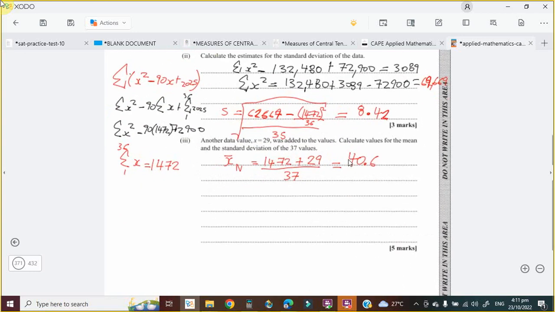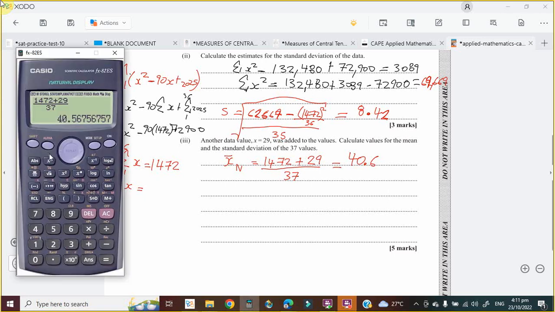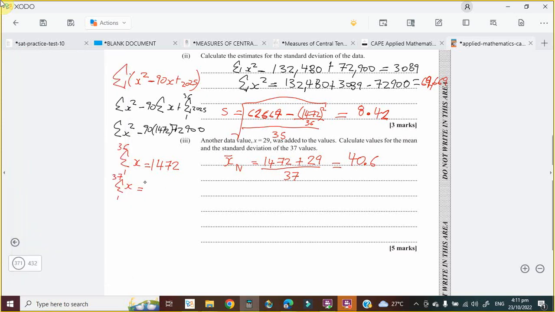So it only dropped by 0.2. Now, gentlemen, what I want you to do is add the 29 and write down the new sum from 1 to 37. What's the new sum from 1 to 37? 29 and 1472. How much? 1,501. Good. Thank you, Jaden.